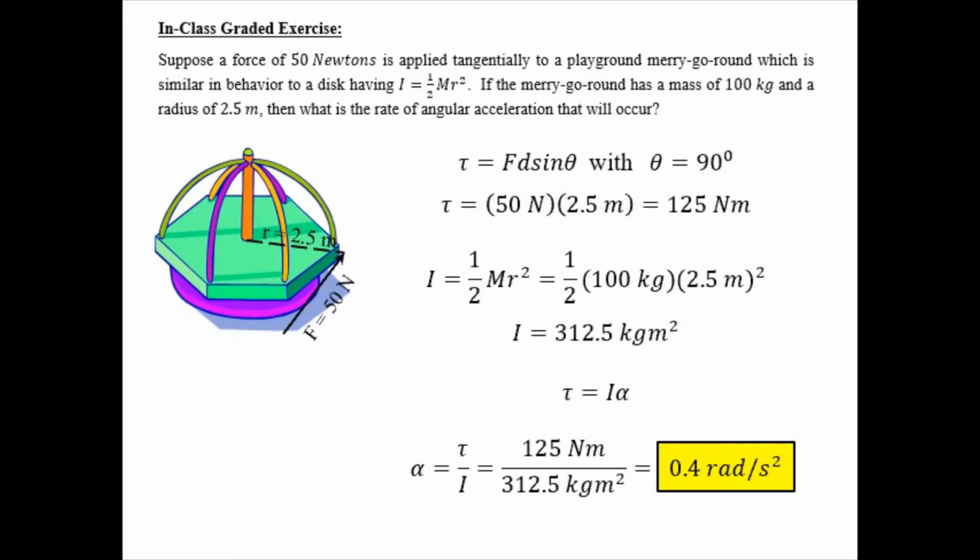So again, one important thing to start with is that this force is being applied tangentially. And what that means is that it's going to be perpendicular. So this is kind of an attempt at a 3D sketch. If you made the overhead view of the merry-go-round, it has a radius of 2.5 meters, right?